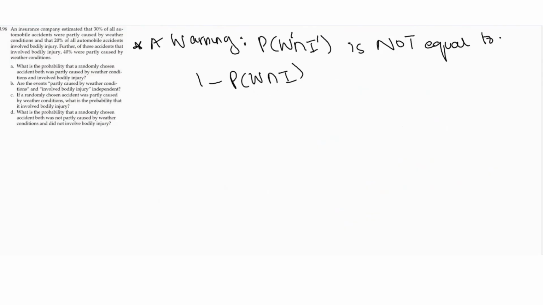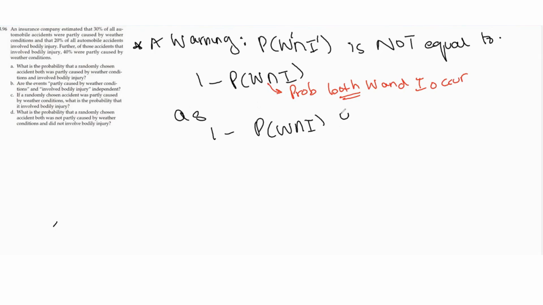We can also subtract from one the probability that both W and I occur, right? But we subtract the probability that W or I occurs, the probability that at least one of them occurs, as 1 minus probability W intersection I involves three probabilities, right?